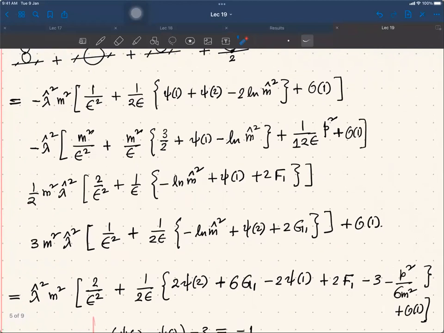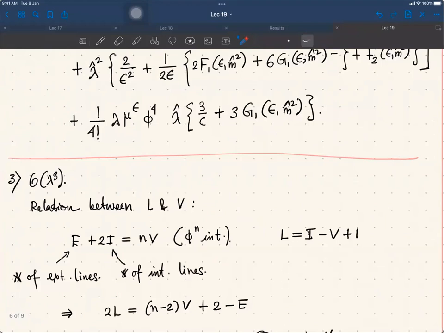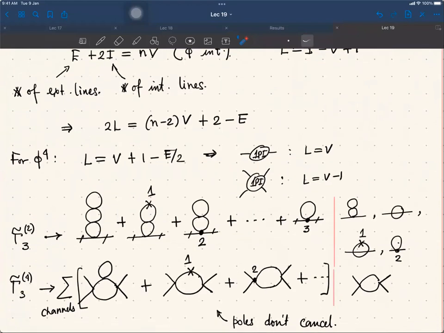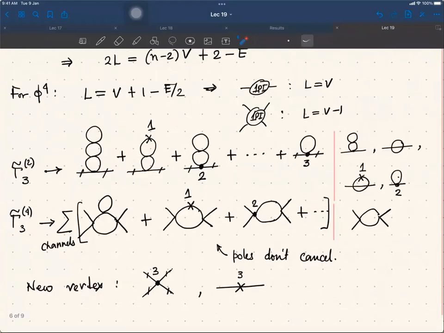And this is a general statement in the 3-loop order, lambda cube order. You will have both log m square and log p square, and although the individual diagrams will contain poles with residue log p square, they cancel when all diagrams are added, and this new counter term diagram is free of such a term.